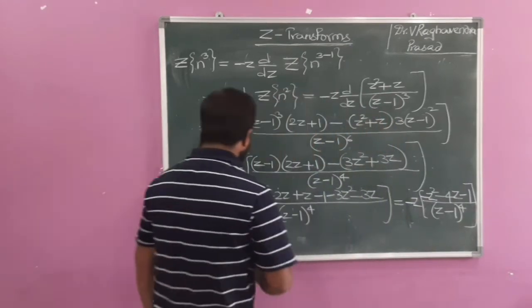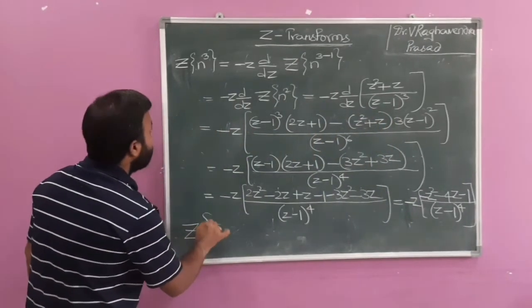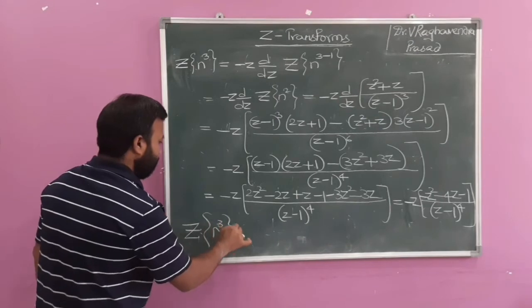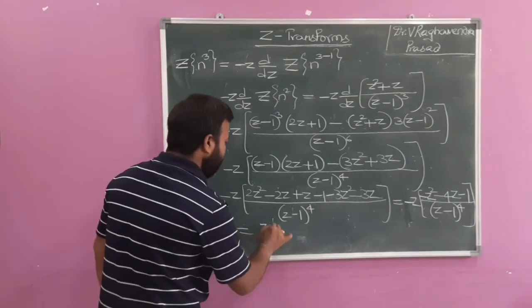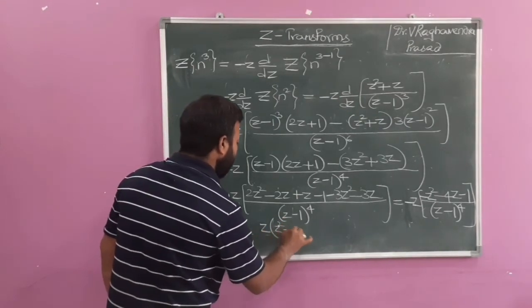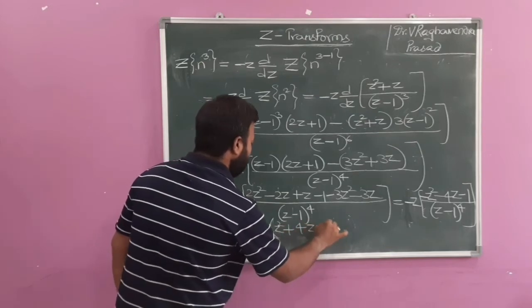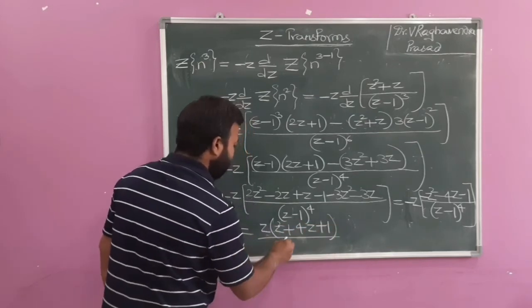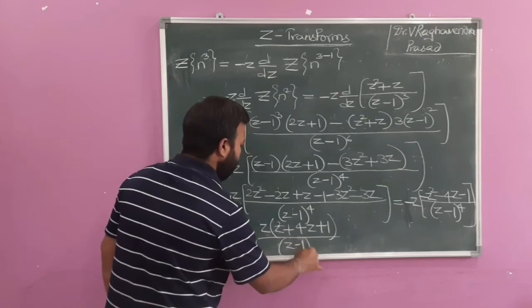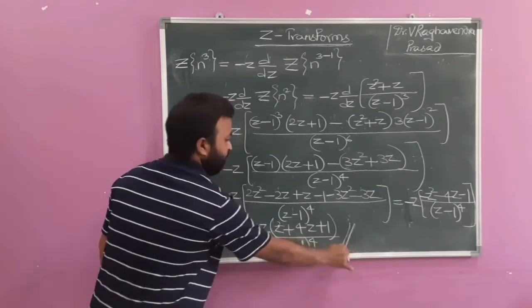So this gives the z transformation of n cube, that is z into z square plus 4z plus 1 by z minus 1 whole power 4.